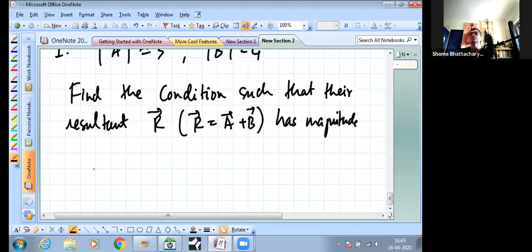In one case, we wanted to solve for the resultant being 5. In another case, the resultant being 7. And in another case, the resultant being 1.